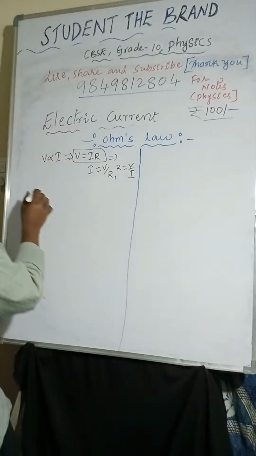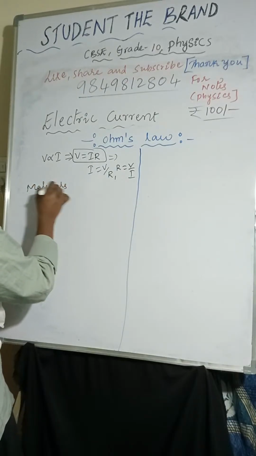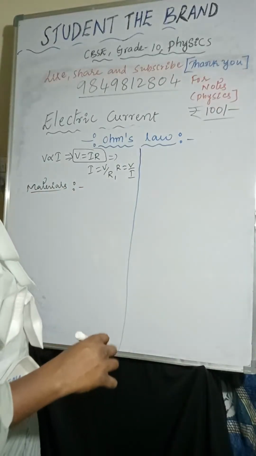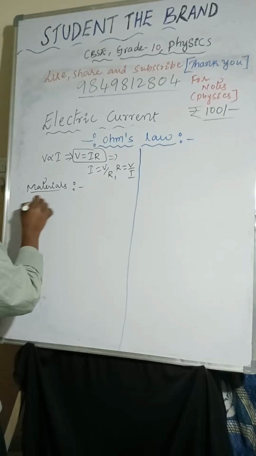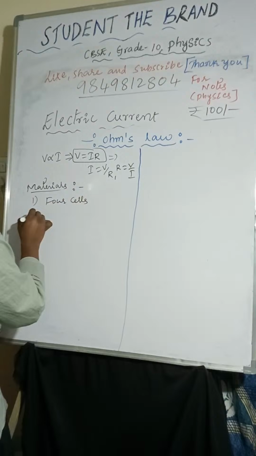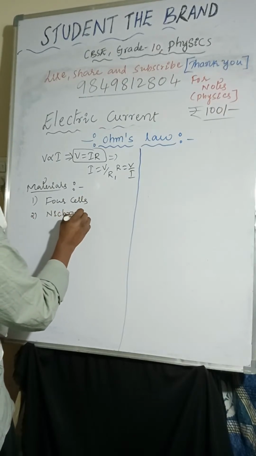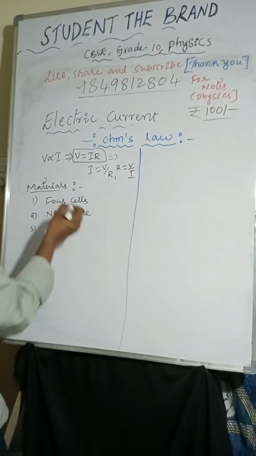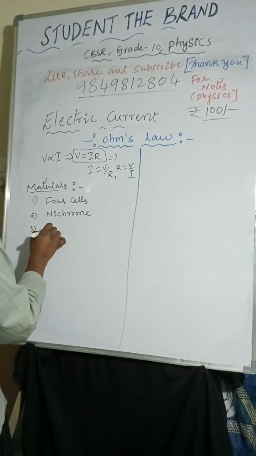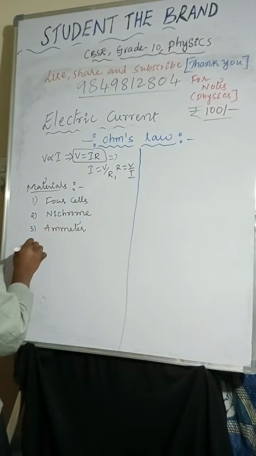Now, materials required. First, 4 cells. The second one is nichrome wire. Nichrome wire is an alloy of nickel, chromium, manganese, and iron metals. The next one, ammeter. The fourth one is voltmeter.